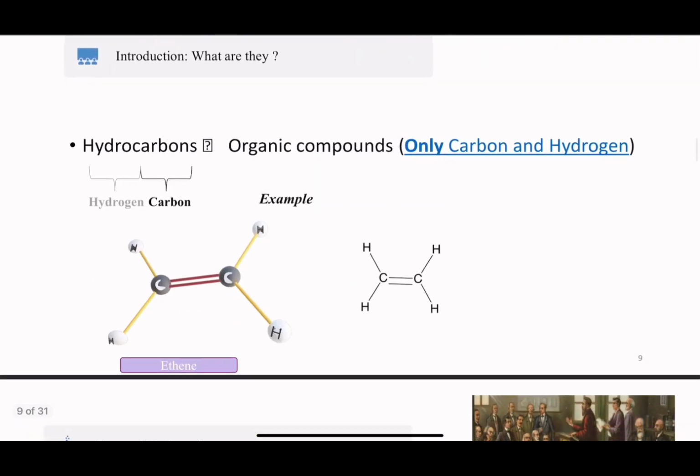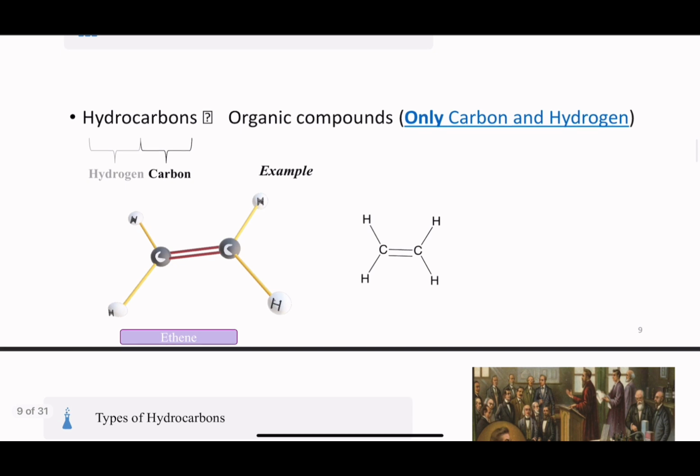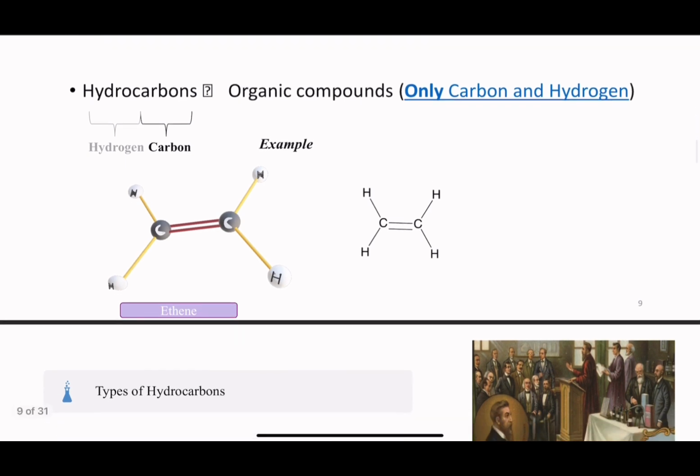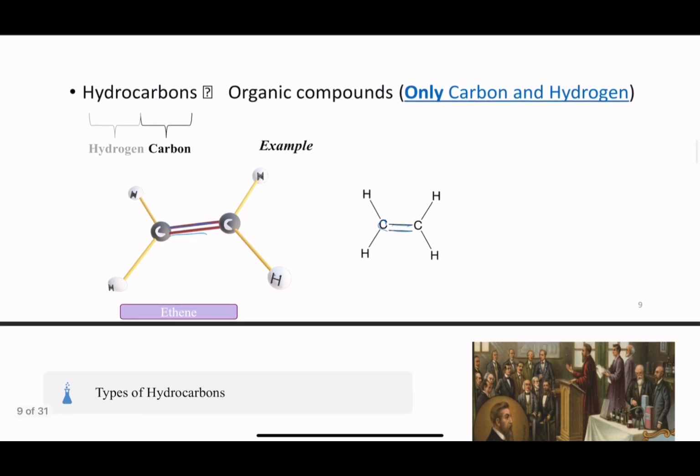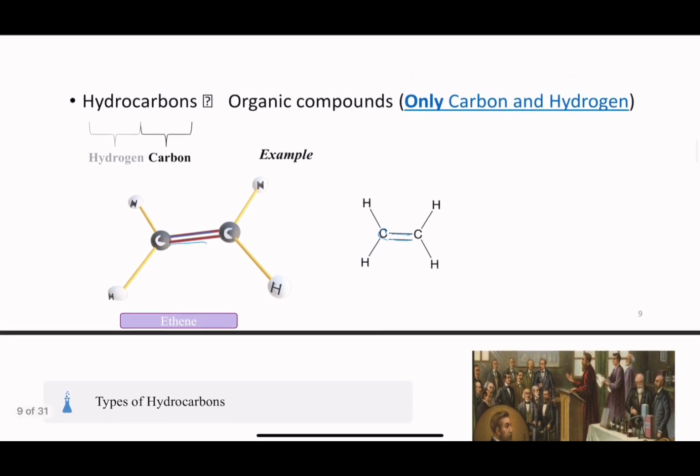Okay, so now hydrocarbons. We're going to show you another example, but in this case, you see, we have a double bond, which we have done in class with the models. But look at the hydrocarbon, because it's only made of hydrogen and carbon. We're going to look at the number of bonds.